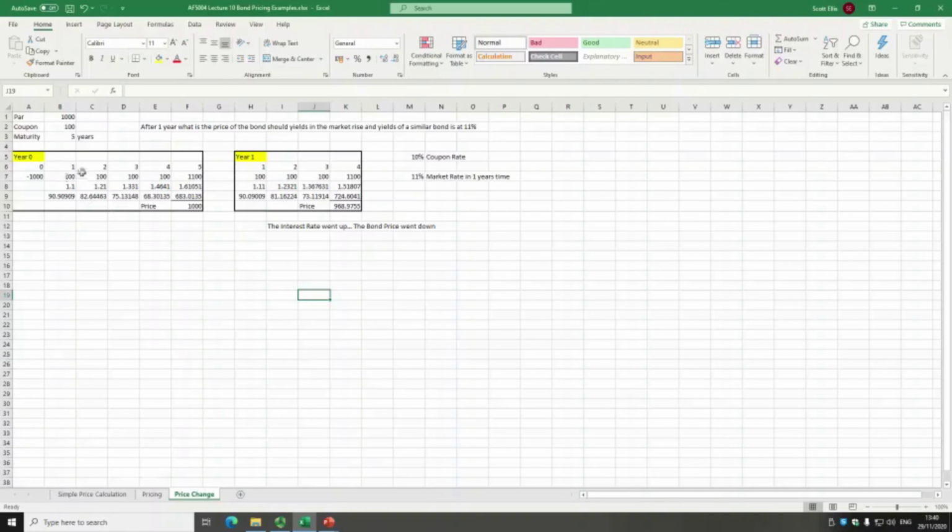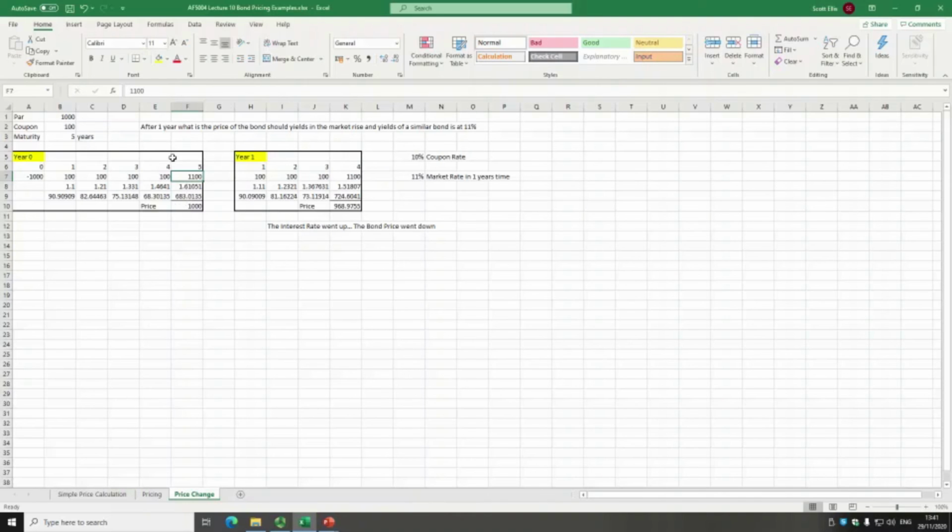What I've said here is we bought this bond because, I've used, again, 10% as the discount factor, a market rate at 10% at the start, then the value of the bond at the start would also be the same as the par value, just like the very first lecture example. So if we plot that out, you can see there that the price is 1,000 because the yield to maturity and the coupon's the same, and you can see the cash flow payments 100, 100 up to then 1,000 and 100.